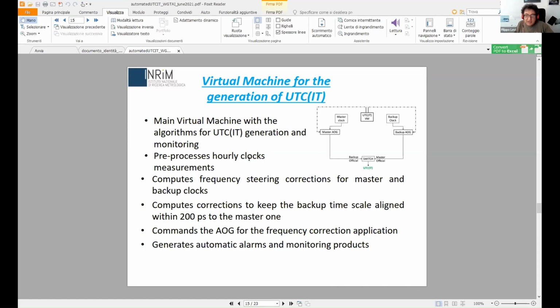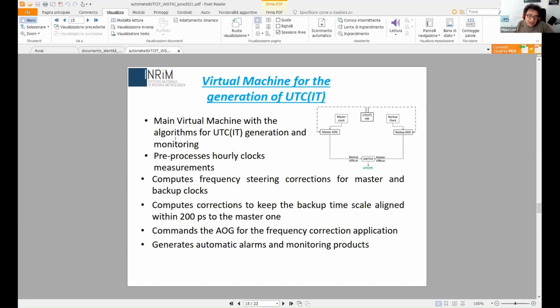So we have a dedicated measurement system that does all the measurement and comparison of the clock signals. All the PPS generated by the clocks are compared with respect to UTC ET hourly.